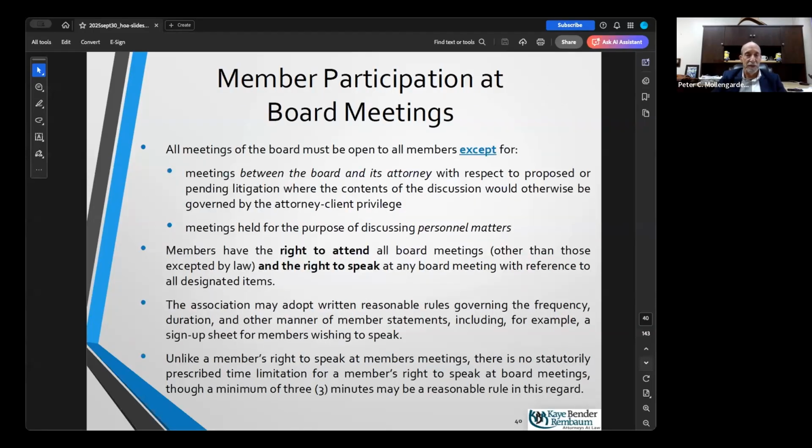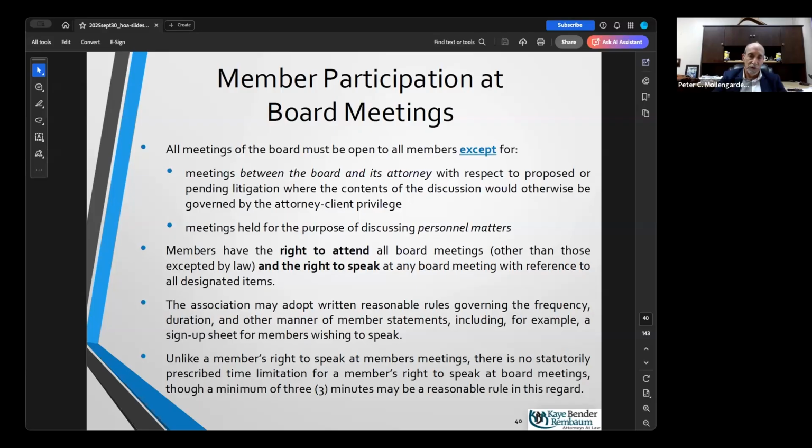Similar to membership meetings, owners also have a right to attend almost all board meetings. The only ones that are closed to the membership or can be closed to the membership are meetings between the board and the association's attorney with respect to proposed or pending litigation where the content of the discussion would otherwise be governed by the attorney-client privilege.